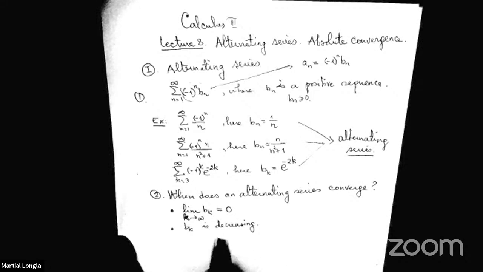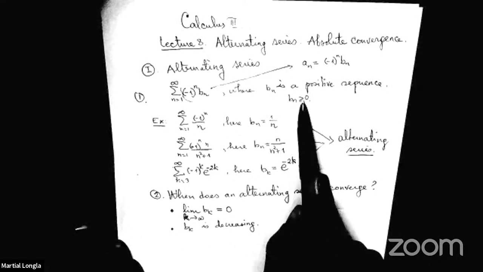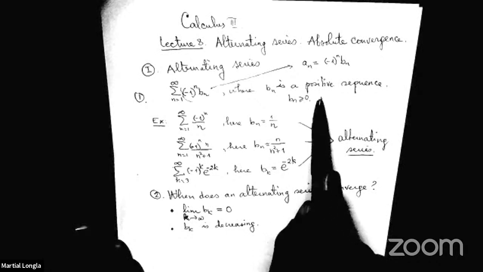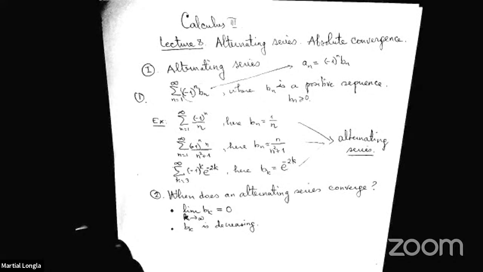So first, you need b_k decreasing, the limit of b_k is 0, and there is another condition that is included in the definition, which is that b_k has to be positive to begin with for that to be an alternating series.